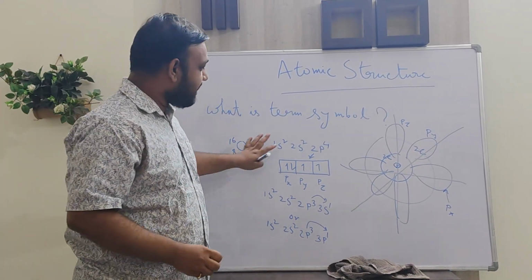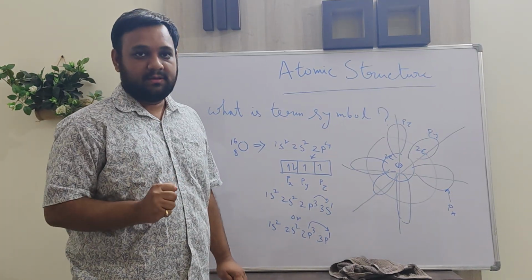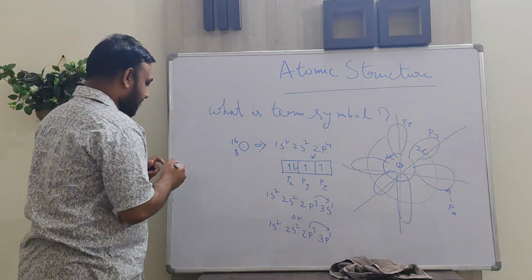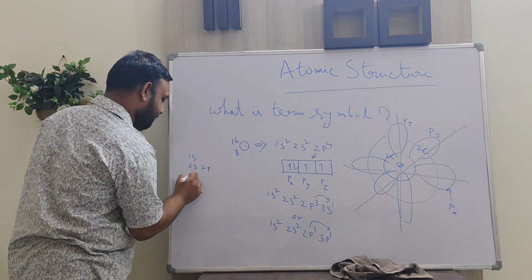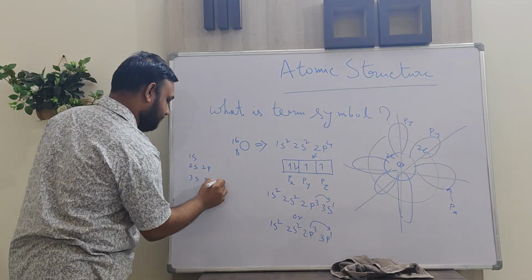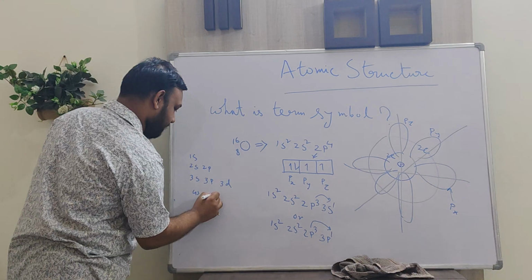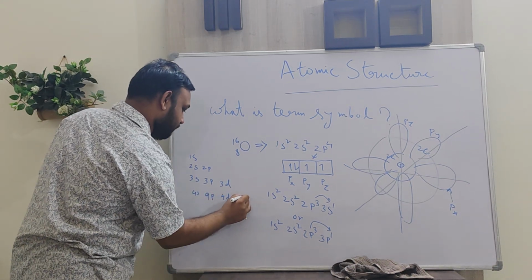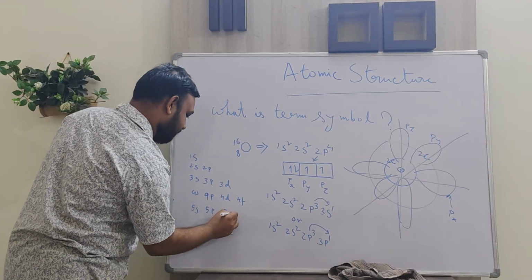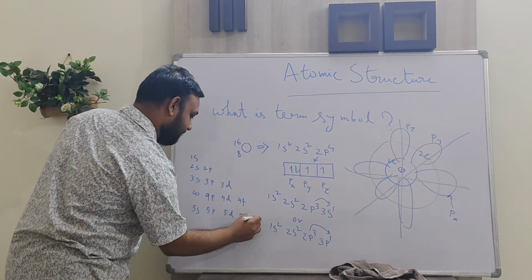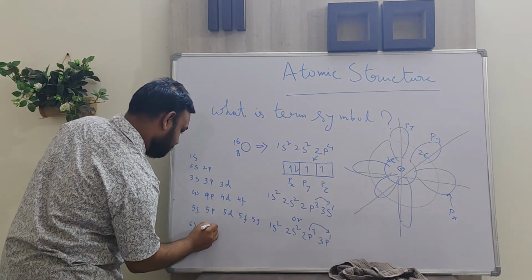How to write this electronic configuration you have already learned in Aufbau principle, using 1s, 2s, 2p, 3s, 3p, 3d, 4s, 4p, 4d, 4f, 5s, 5p, 5d, 5f, 5g, 6s, 6p.